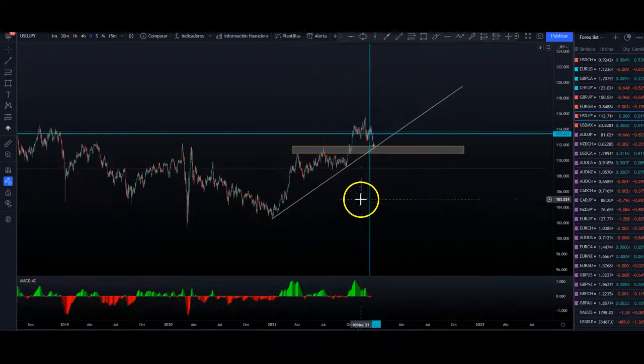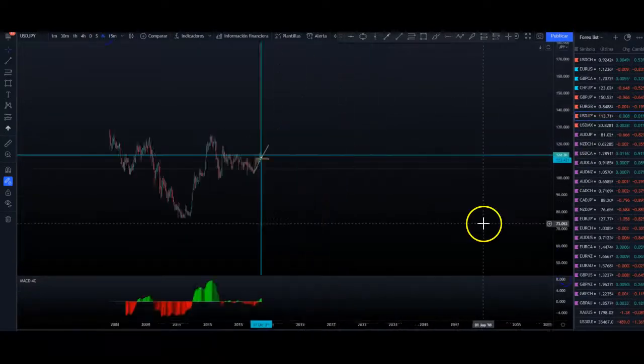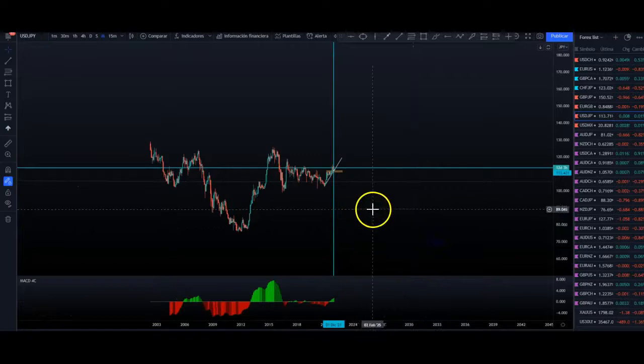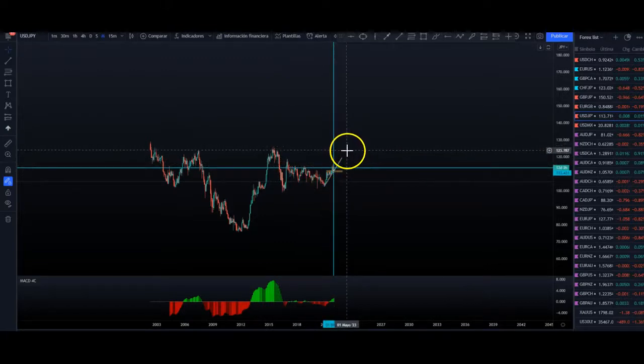From this point, does it have room to go higher? USD JPY. Well, let's look at the monthly, and we can kind of tell if we have room. In my opinion, yes. This is the most important high for the last few years. So if it's this, it can go and visit that high again.